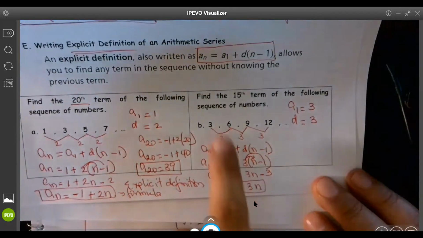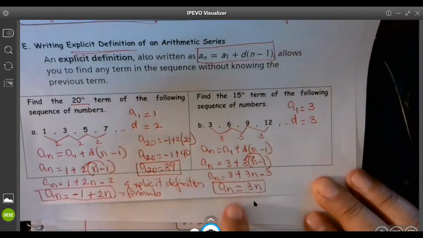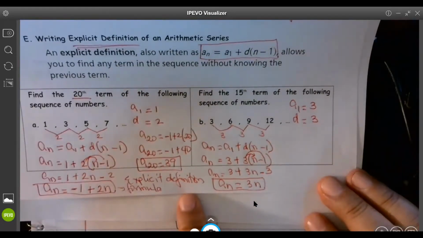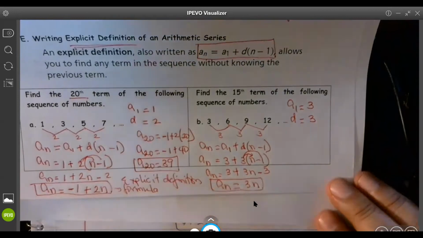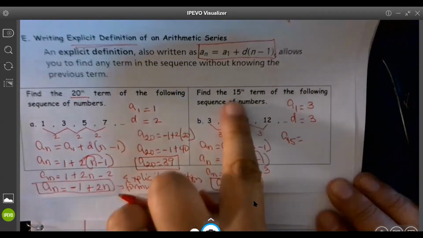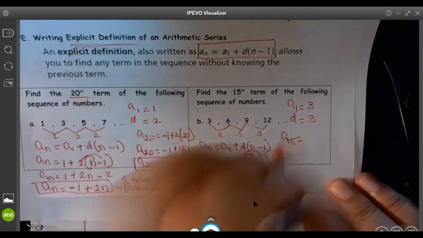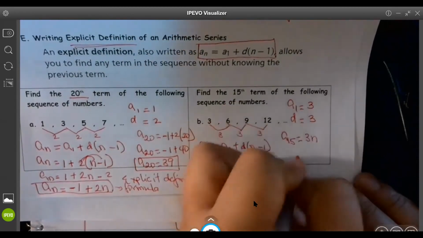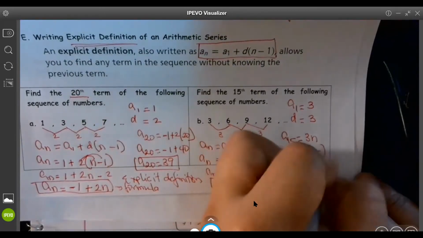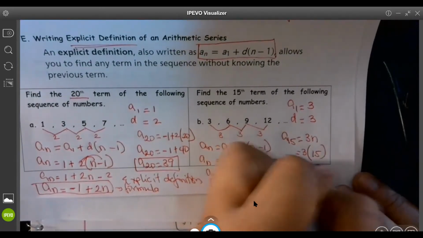The formula for this is this one, your explicit definition. Okay? So using this formula, we can now solve for the 15th term. What's the 15th term? So a15 is equal to 3n. This will be 3 times 15, which is equal to 45.